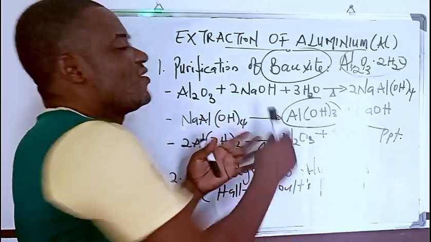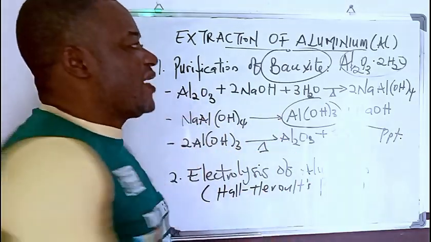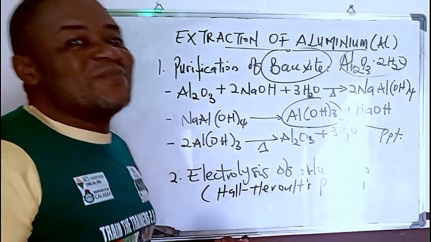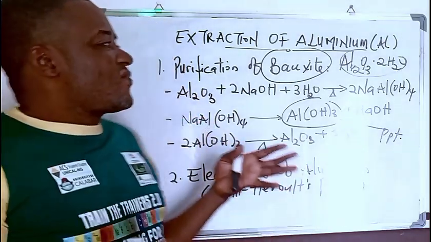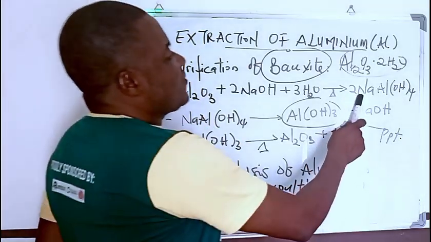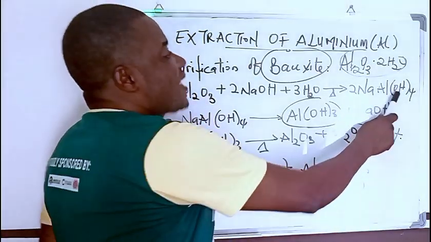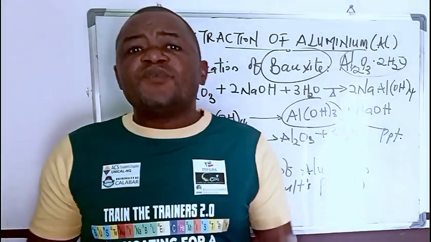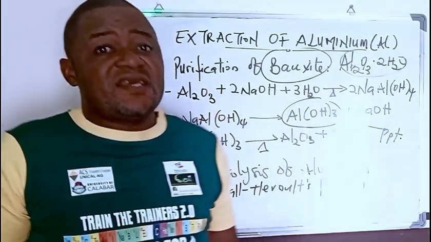Once that is done, heat is applied and you obtain sodium aluminate. Sodium aluminate seems to be quite impure. You can see sodium with it and hydroxide with it, then aluminium. And there are other types of impurities, especially impurities of silicates.